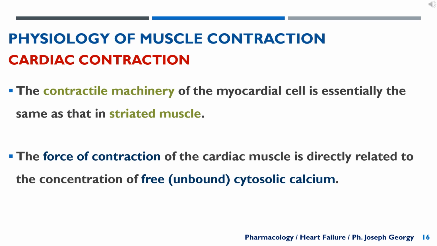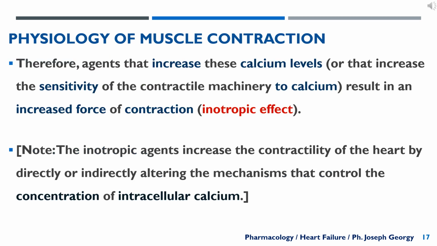Okay, the force of contraction of the cardiac muscle is directly related to the concentration of free or unbound cytosolic calcium. Therefore, agents that increase these calcium levels or that increase the sensitivity of the contractile machinery to calcium result in an increased force of contraction.